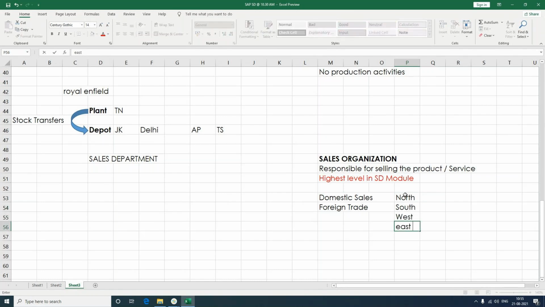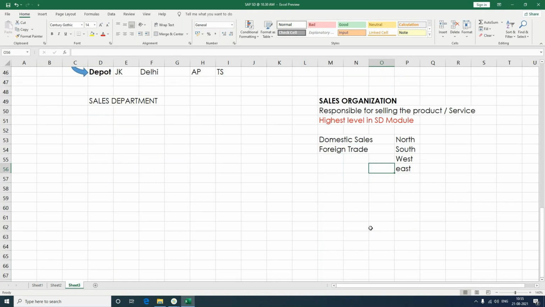So we try to maintain multiple sales organizations. The sales job role is nothing but selling the products. Based on the business model, you need to come up with a solution for a particular business on how many sales organizations are required. Okay, that's the first terminology in sales.